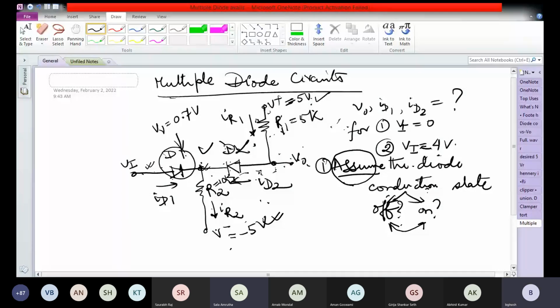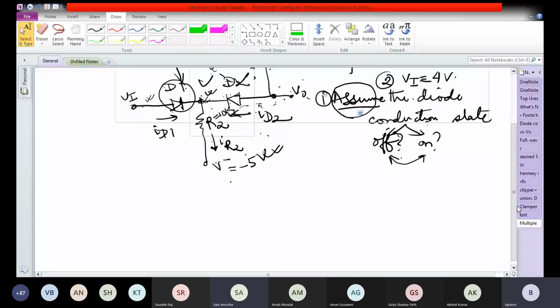So diode D1 may be on, I don't know. But if the voltage here becomes more than 0.7 volt, then diode D1 is going to turn off. So we don't know. Let us assume diode D1 to be off.